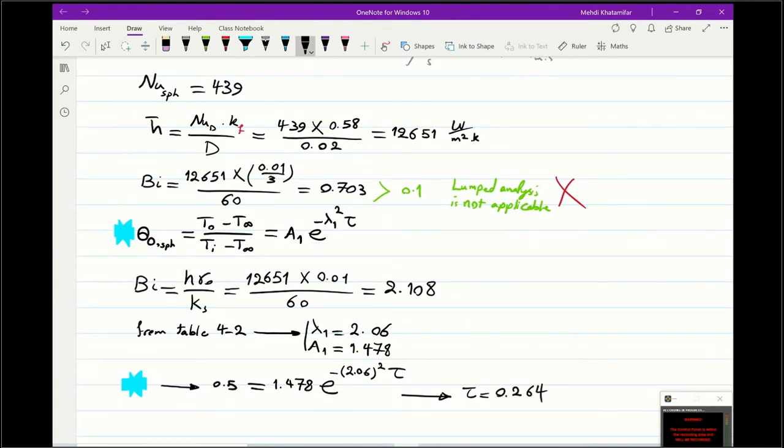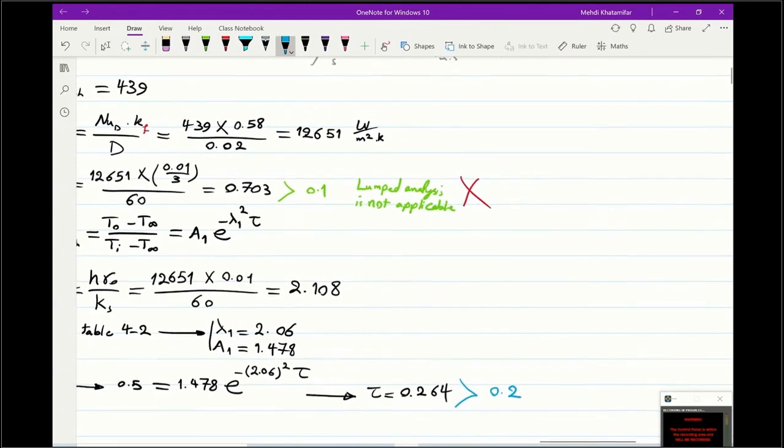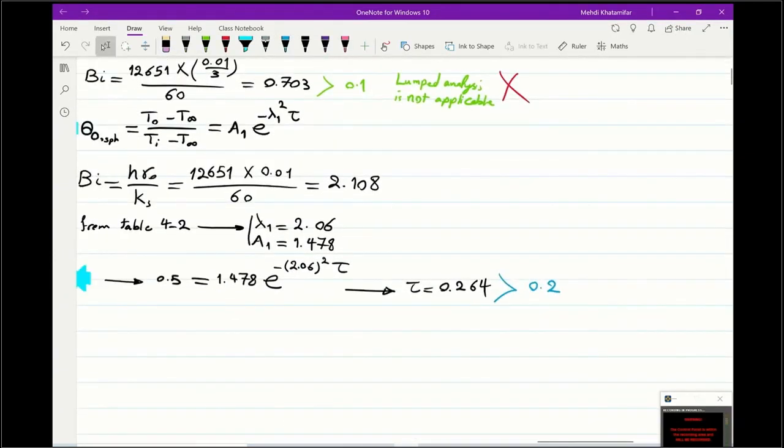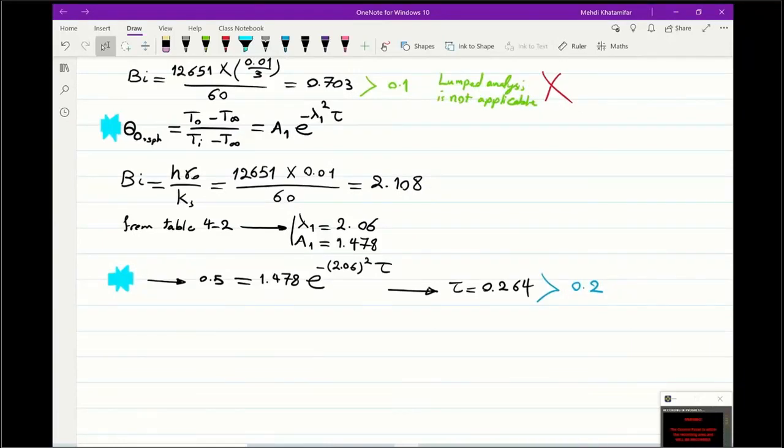Okay, lucky for us, this is larger than 0.2. So now we can say the method we did, all these calculations we did for finding tau, is correct, and the one-term approximation is applicable. If it wasn't bigger than 0.2, it would be very difficult for us to go back and use the original formula.